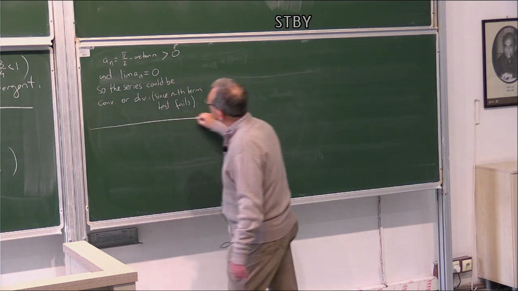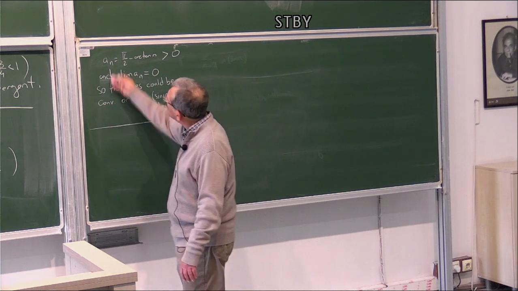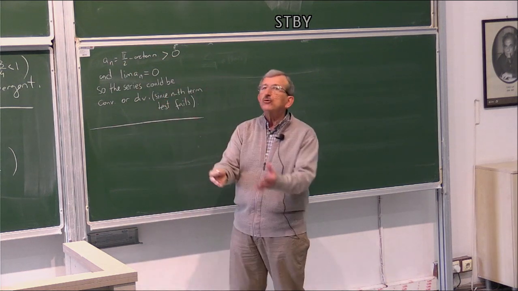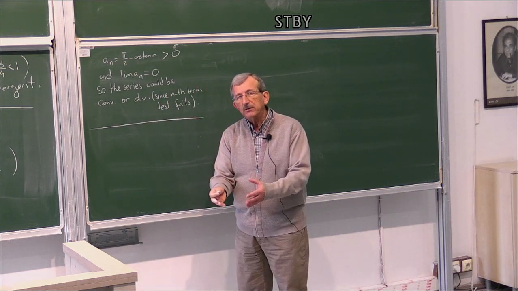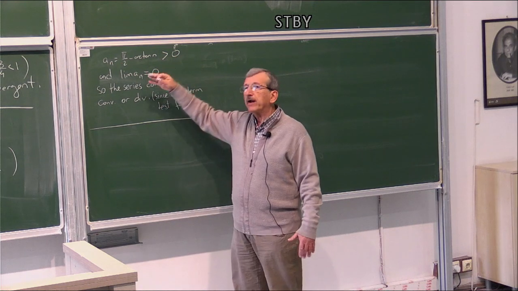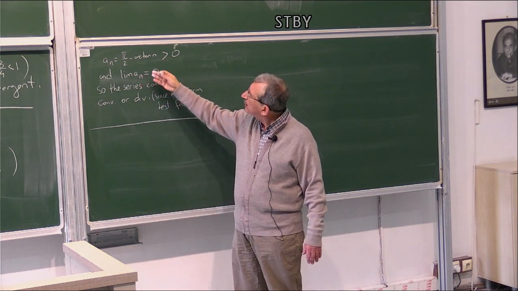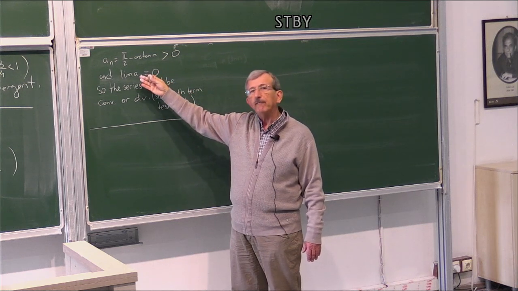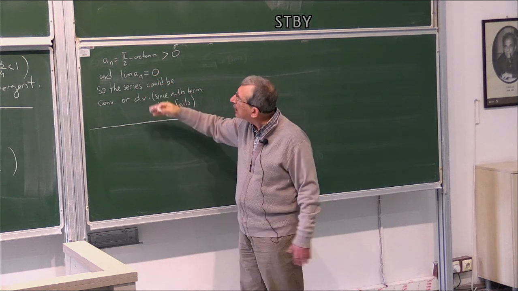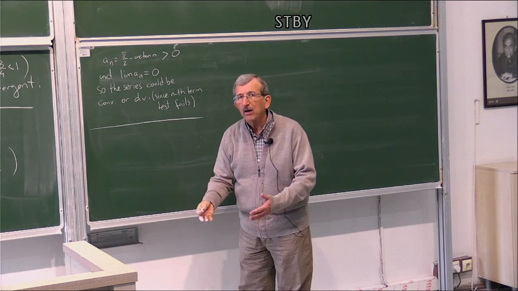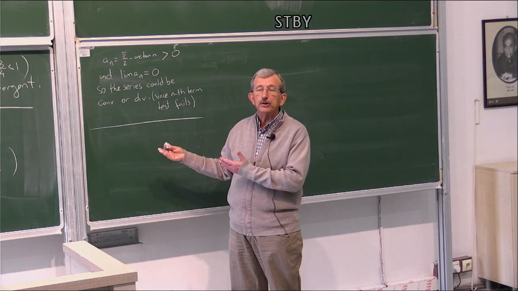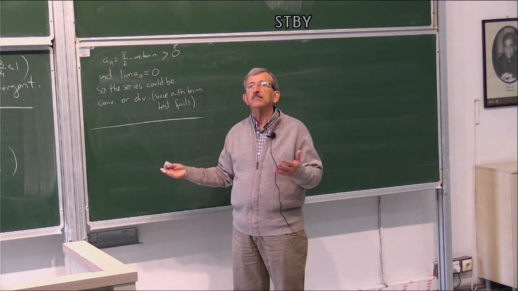So the question is, what does this an look like? It goes to 0, yes. But if it looks like 1 over n, if n is large, then the series should be divergent. If it looks like 1 over n squared, the series could be convergent. So which one is that?